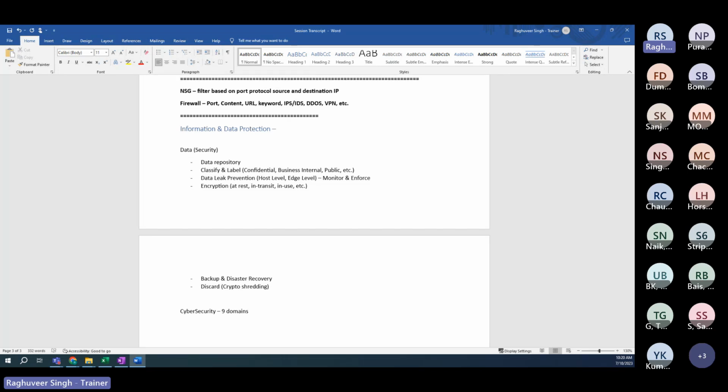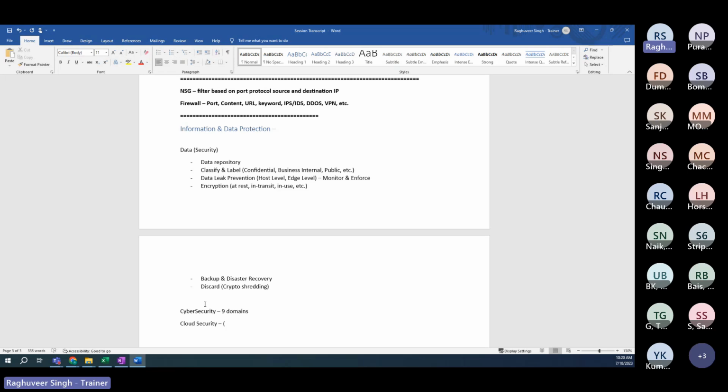So there are multiple domains, multiple fields here. But when it comes to cloud security, there are no standard domains. Organizations and businesses create domains based on their understanding. So if you are into cloud security, you will feel proud of the fact that you know almost all domains.